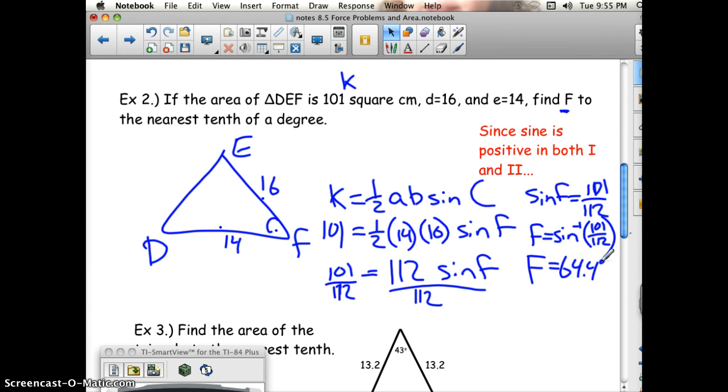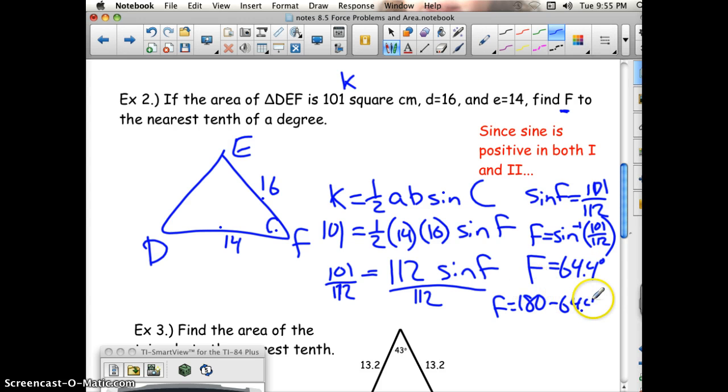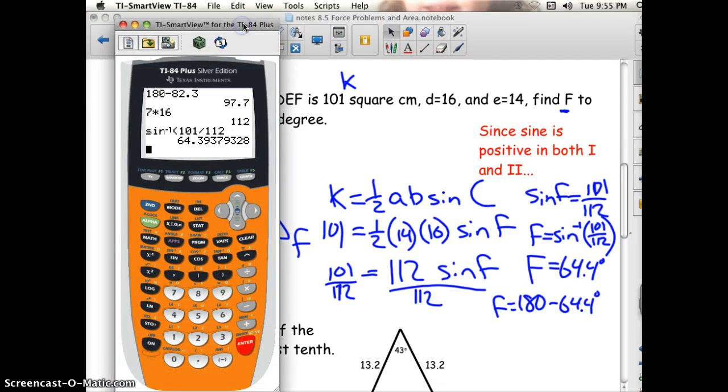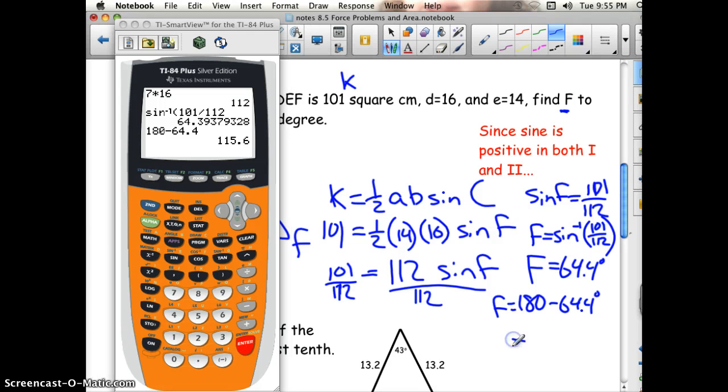And you can see my note here. Since sine is positive in both quadrants 1 and 2, I have another possibility. I could also have F equal to 180 minus 64.4, and that's going to give me 115.6 degrees.